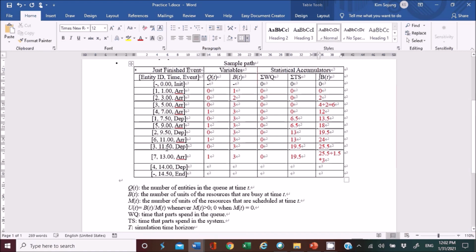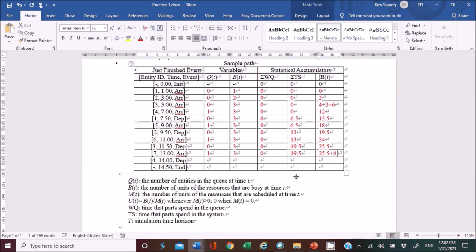Because if you subtract this value from this value from here, then definitely you will get 1.5, right? And then times 3, because the BT value is 3, so it will give you 4.5. So you will get 30 here, right? Yes.